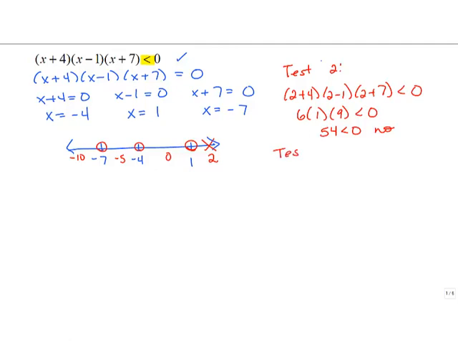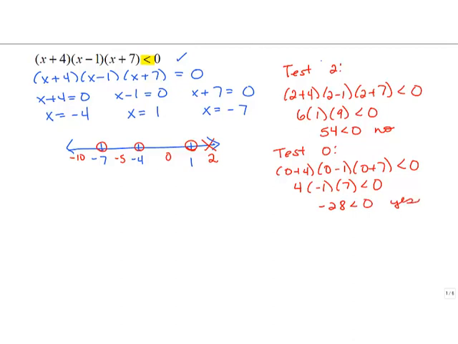Since 2 yields a false statement, then the numbers that are larger than 1 will not satisfy the inequality. Zero gives us a true statement, so all the numbers between -4 and 1 will be part of the solution.